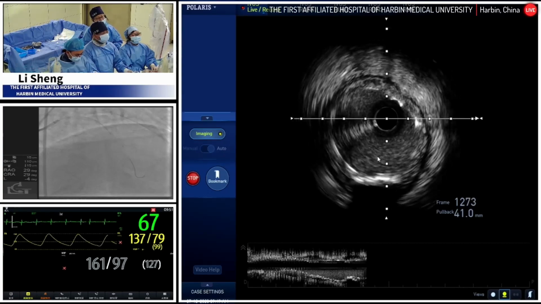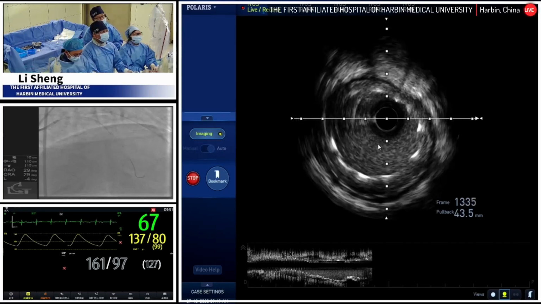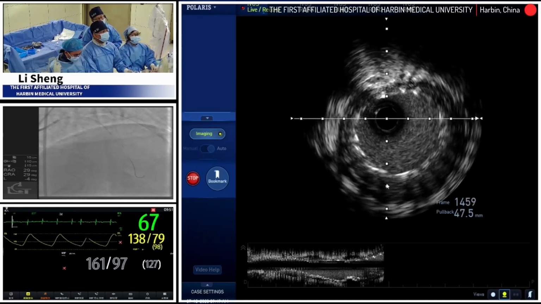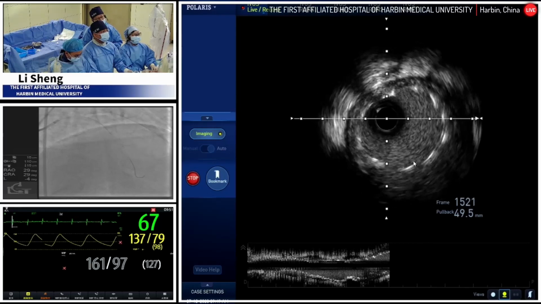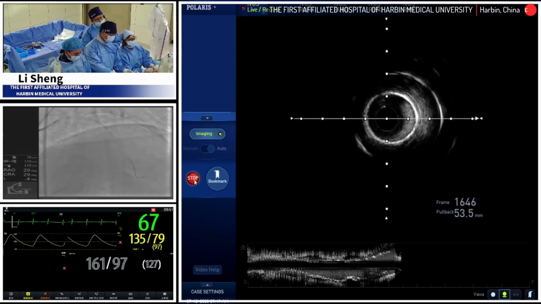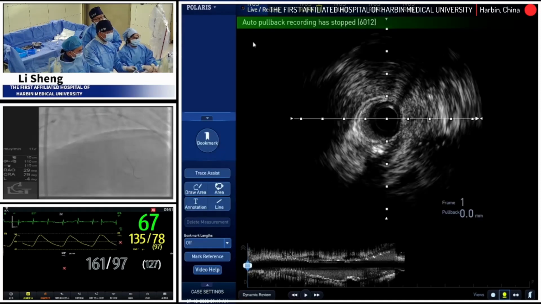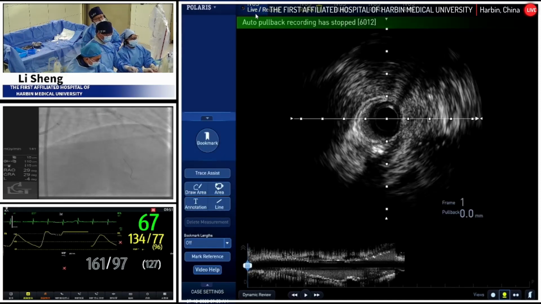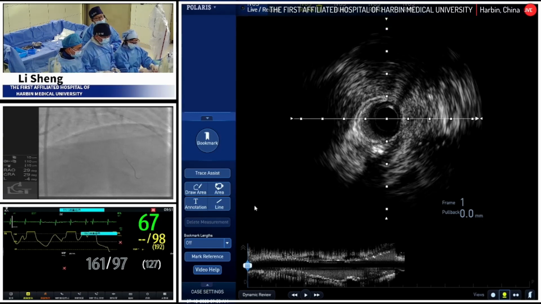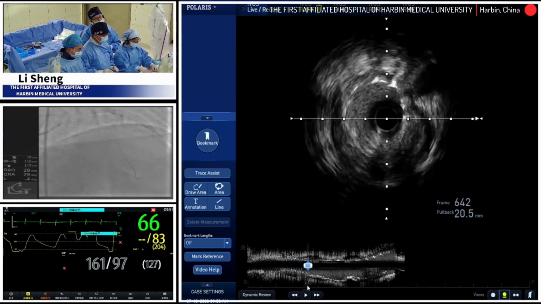How about the second one? I think in the IVUS image, the second one is well expanded. We have post-dilation, but the ostium of the stent should be dilated again. 3.5 is enough. No, I think much bigger.